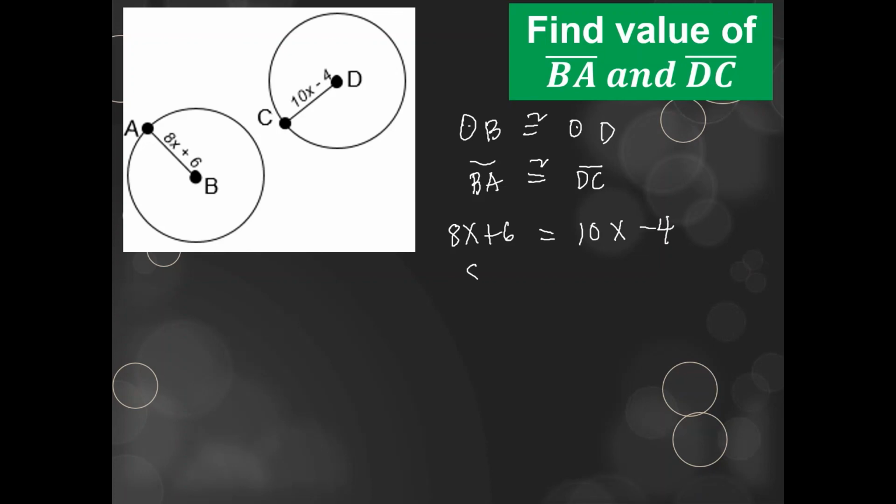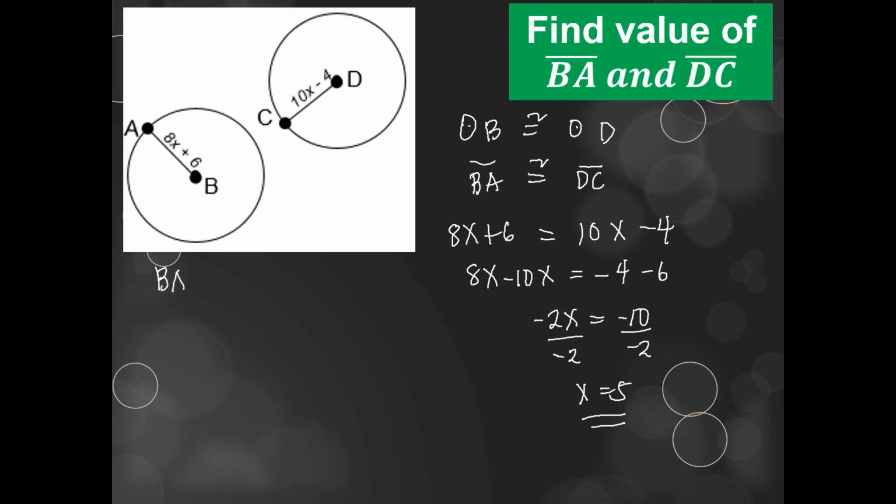So we transpose our 10x, it becomes negative 10x, equals negative 4, and transpose the 6, that is negative 6. So 8x minus 10x is negative 2x. And then negative 4 minus 6 is negative 10. So we divide both sides by negative 2 to solve for x. So x is equal to 5. Since x is 5, we can now solve for radius BA, which represents the expression 8x plus 6.